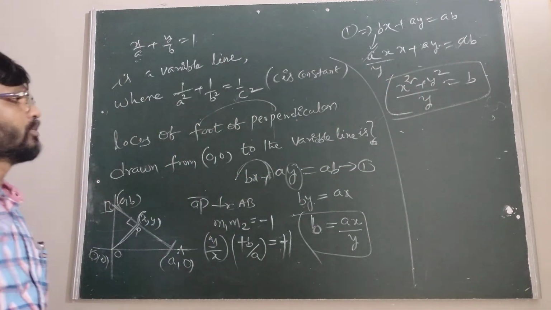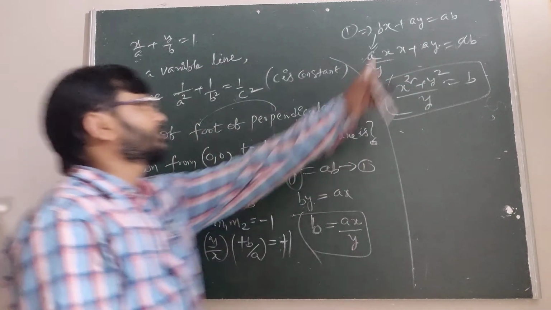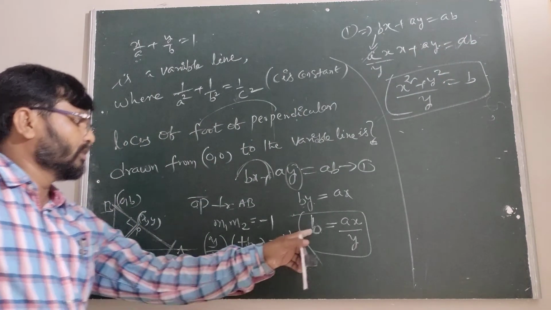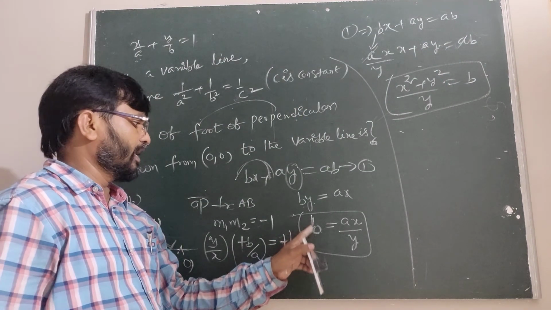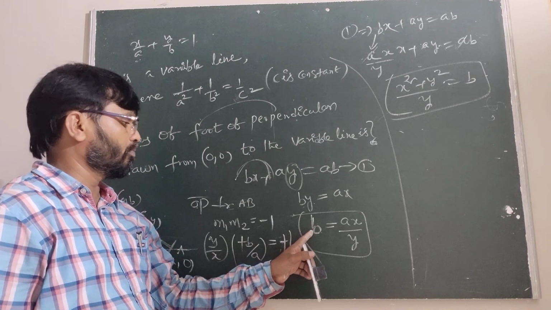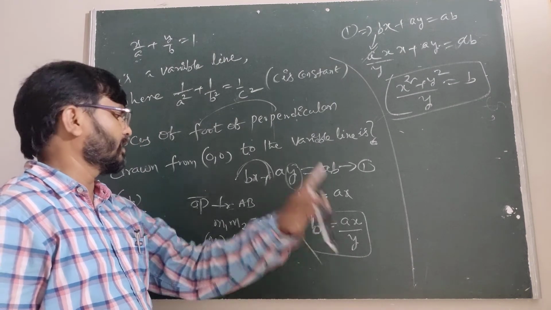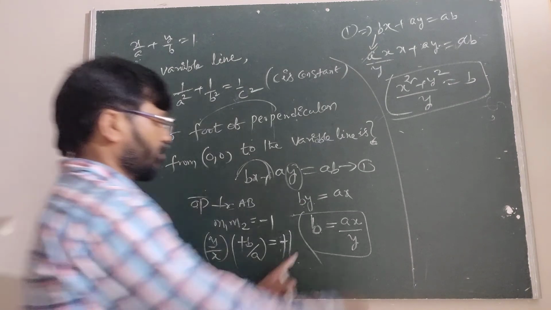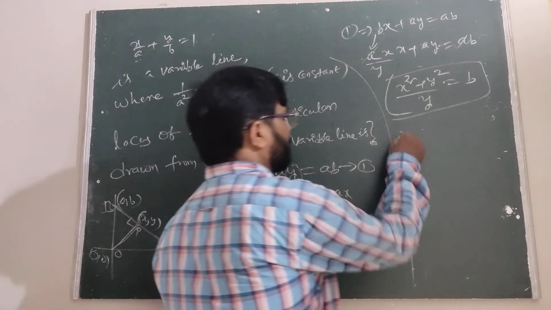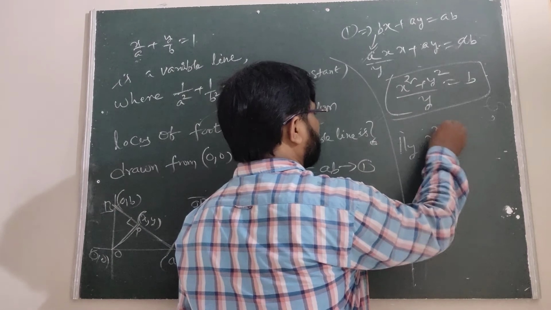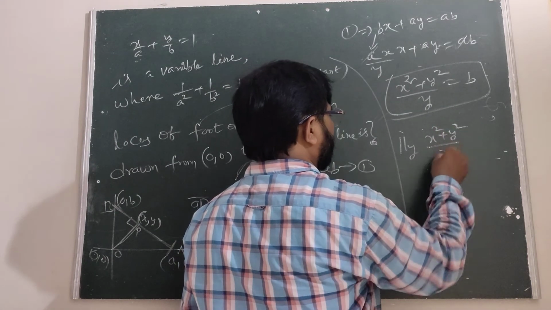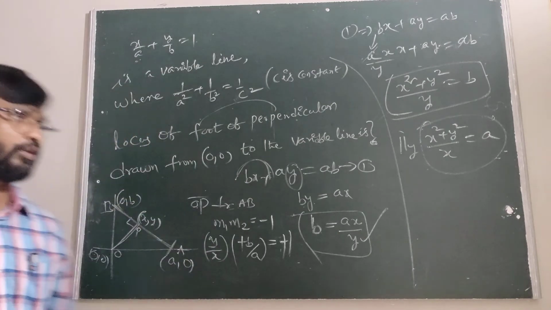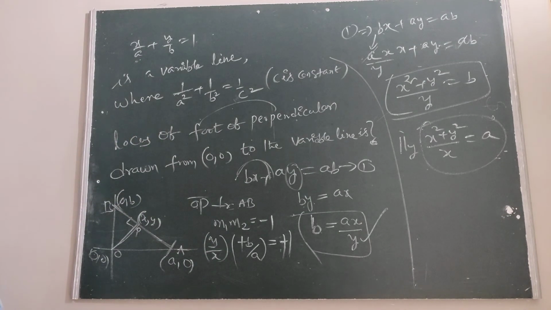Now this b is substituted in this: x square plus y square by y. Then we got x equal to x square plus y square by x. When we substitute here, similarly this is x square plus y square by x equal to a. Now this is a, this is b.